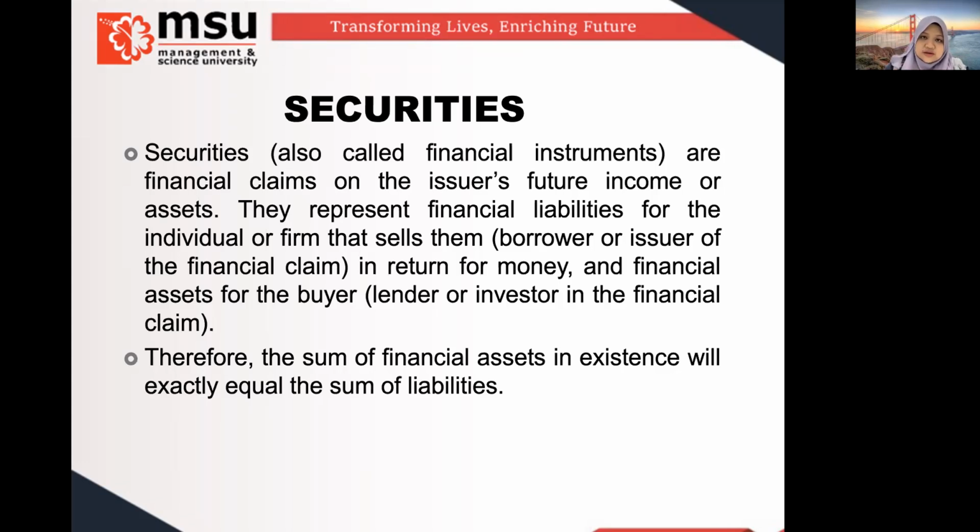Whenever investors come in, I owe them money, because they put their money in my business, believing that my business is profitable and able to pay back their money. That's why it becomes my liability.